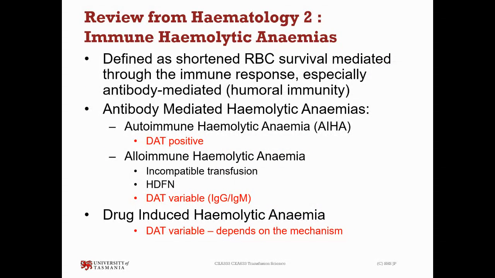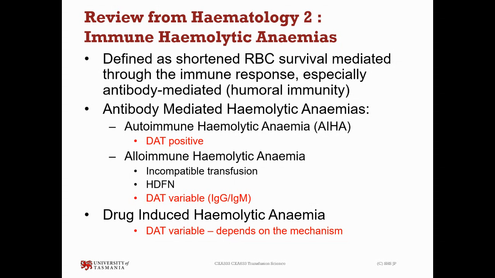So we know hemolytic anemia means shortened red cell survival, and immune hemolytic anemia is some sort of an antibody-mediated process. So in autoimmune hemolytic anemias, the DAT, the direct antiglobulin test, is usually strongly positive, as we can see for either IgG, IgM, and for complement.